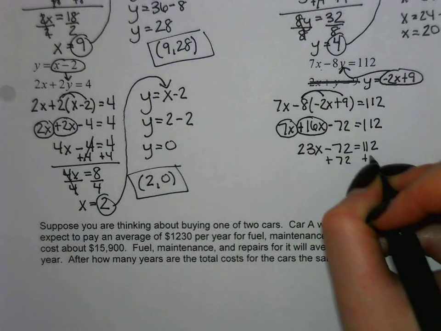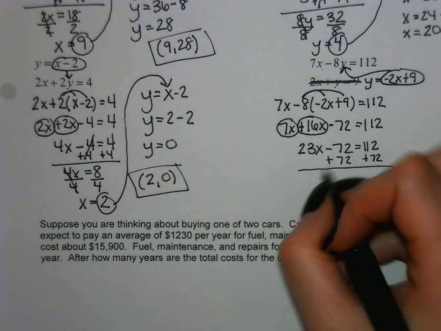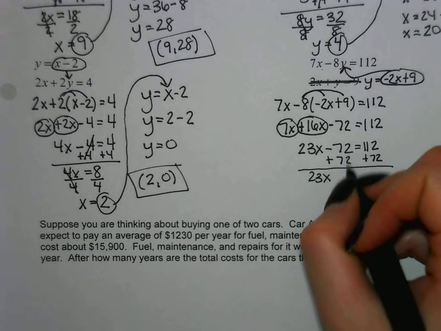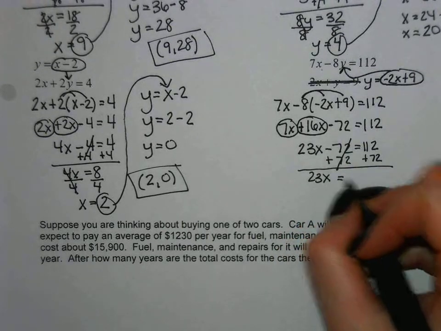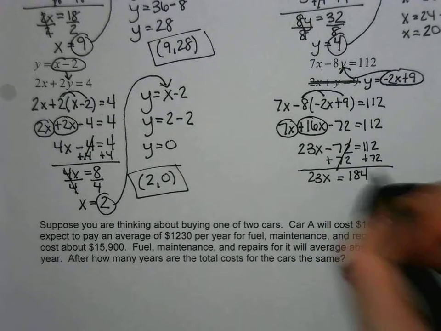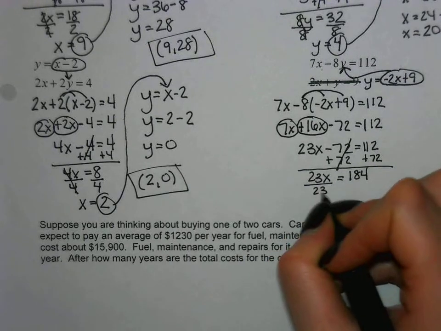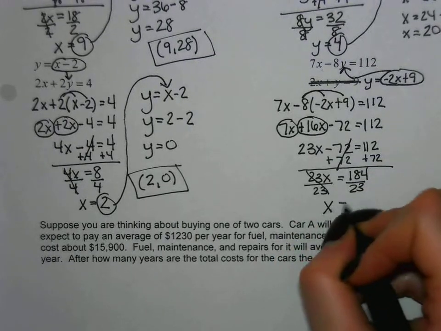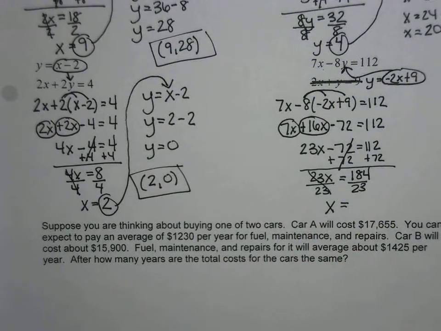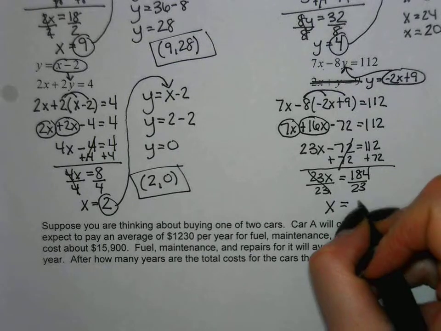Add 72 to both sides of the equal sign. So 23x, negative 72 plus 72 is 0. 112 plus 72 is 184. Divide both sides by 23. 23 divided by 23 is 1, so we're left with 1x. 184 divided by 23 is 8.